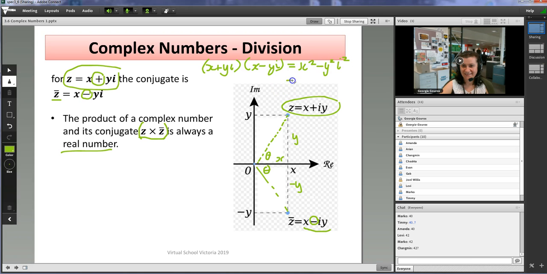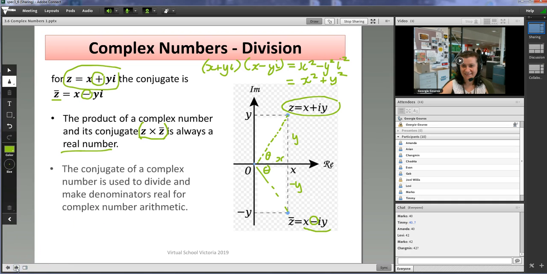Agree? Which is going to end up being x squared plus y squared, since i squared is equal to negative 1. Is that okay? Just by doing the algebra. So that's a handy way.